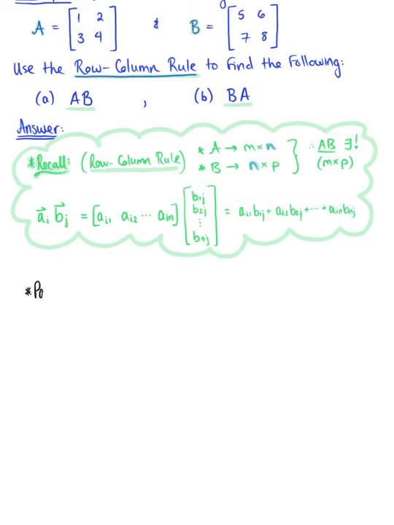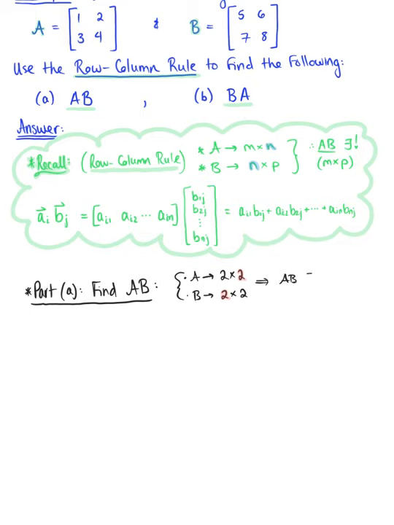So in part A, we are asked to find the product of matrix A times matrix B. And now we can see that this exists because matrix A is a 2x2 matrix and matrix B is a 2x2 matrix. So the number of columns of the first matrix matches the number of rows of the second matrix.